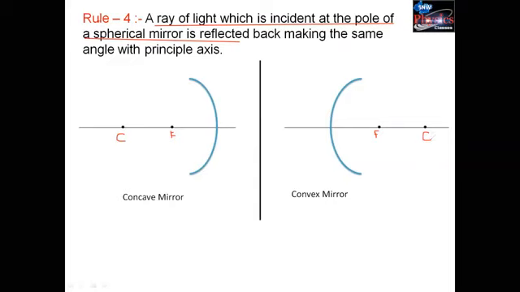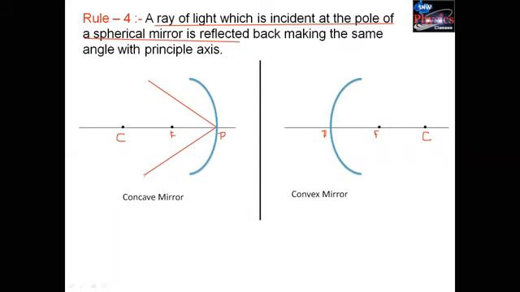Now what the fourth rule is saying is, when a ray of light falls on the pole, the center of the spherical mirror, which is known as the pole. It is the pole of concave mirror, and this one is the pole of convex mirror. So the fourth rule says that a ray of light incident on the pole of a spherical mirror is reflected back making the same angle with the principal axis.